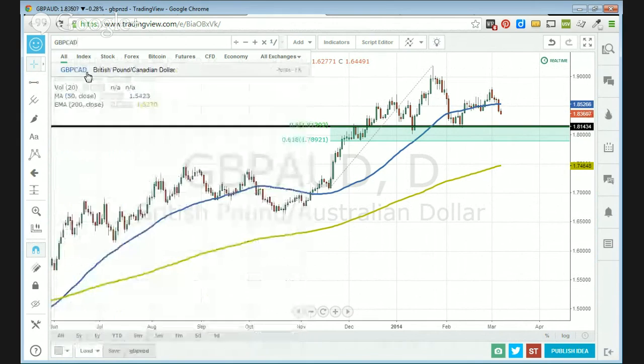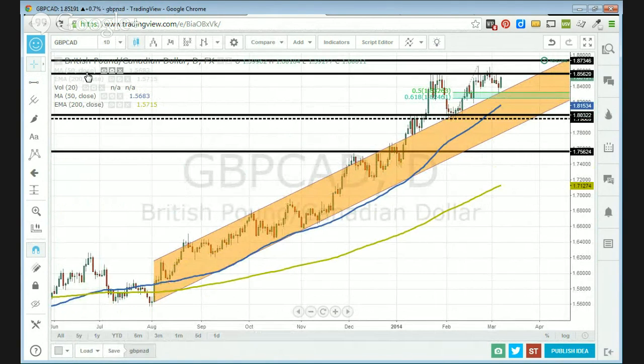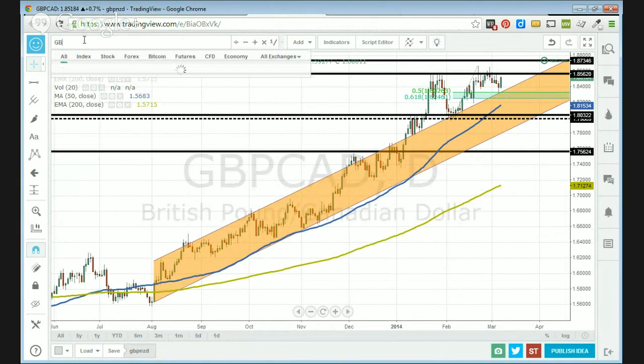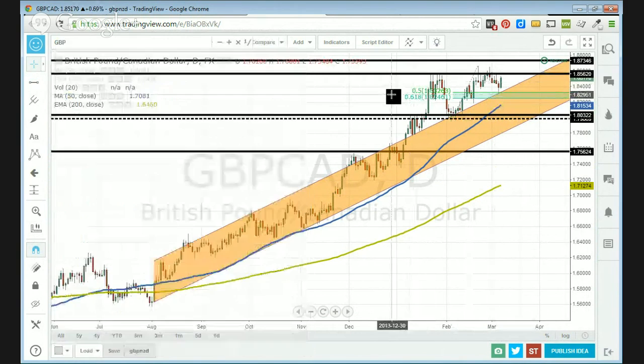Okay, pound Canada. Let's see if we can get a pullback. Other than that, nothing at the moment. Still really waiting. Well, hold on a second.